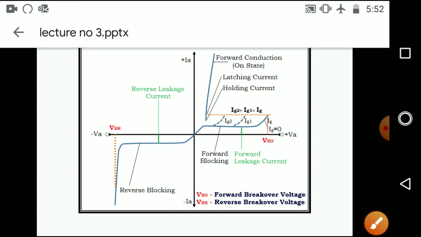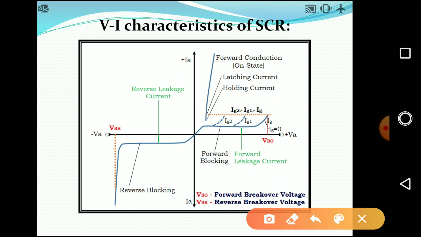So these are called VI characteristics. Here we are using voltage as the anode to cathode voltage, which is developed across the SCR during the conduction period, and the anode current which flows through the SCR during the conduction period. Next, in the VI characteristics, from 0 to VBO, this period represents forward blocking mode.